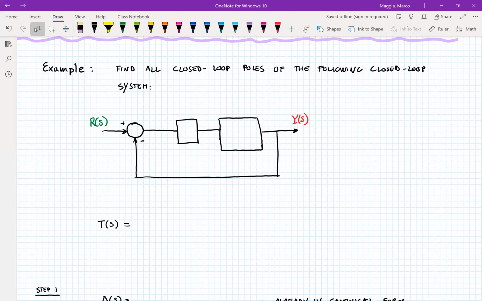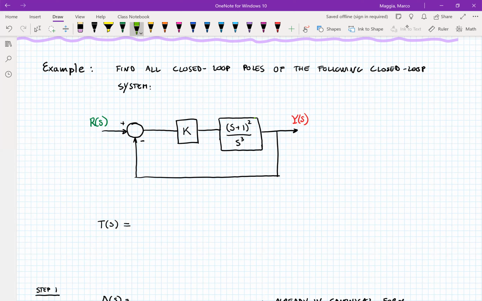So here we have our standard closed loop system with the proportional controller K, and we have a plant or process transfer function that is (s plus 1) squared over s cubed.